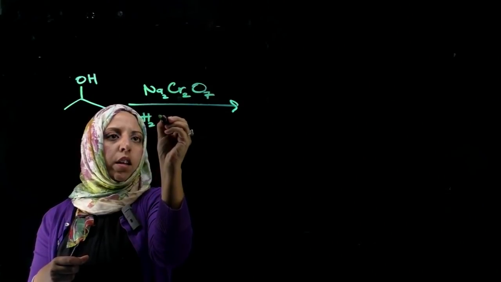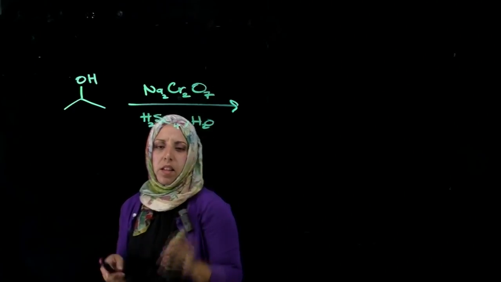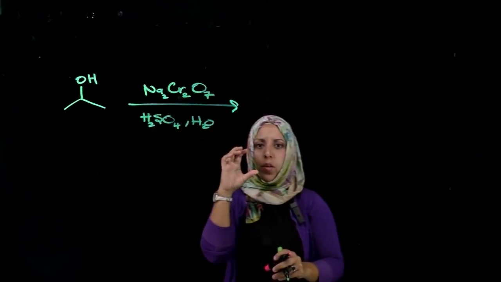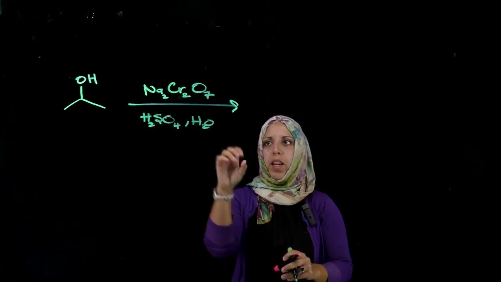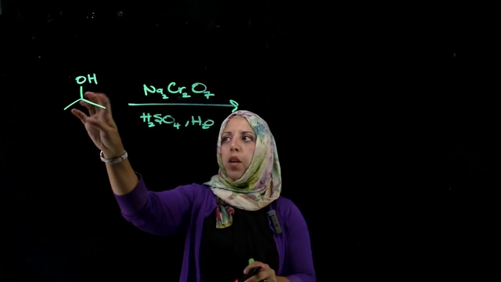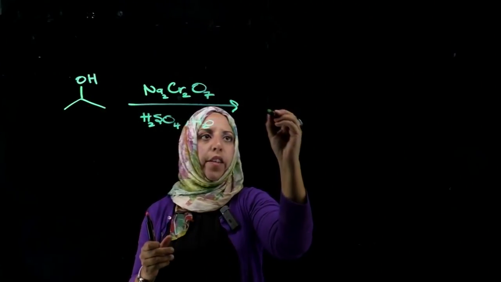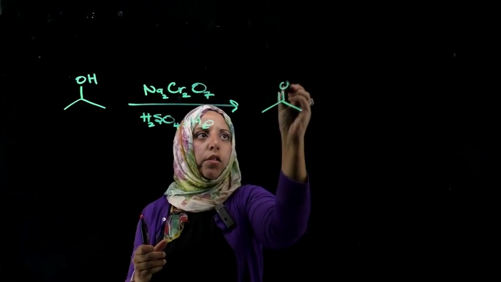The hint is the chromate. Any reagent with chromic acid is a very strong oxidizing agent, and what it will do is oxidize a secondary alcohol into a ketone.